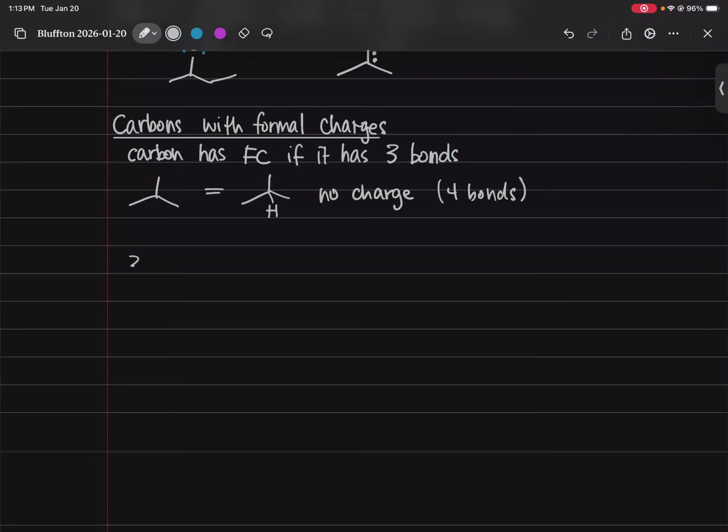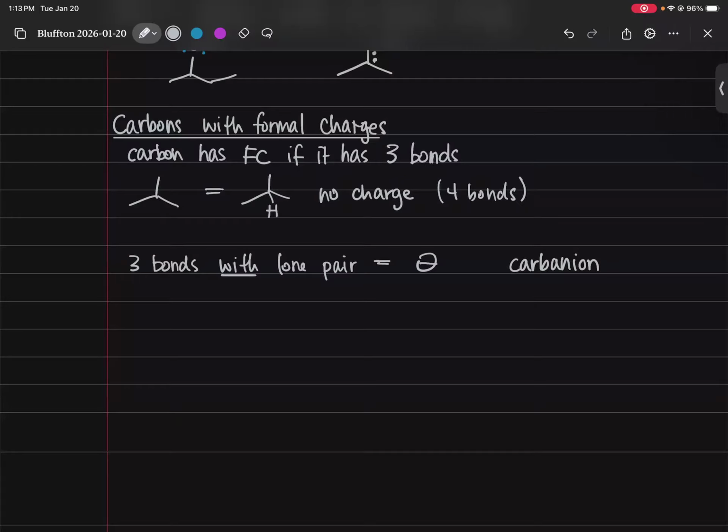If the carbon has three bonds with a lone pair, it's negatively charged. And we call that a carbanion. An anion is something that's negatively charged.